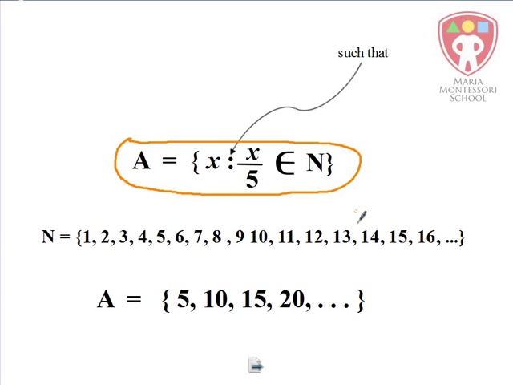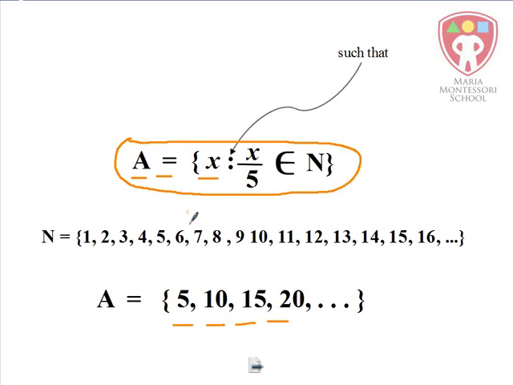Let's work out and see why 5, 10, 15, 20, and it goes on are the legitimate members of set A. Let me explain it. Please pay careful attention so that you understand this explanation. The set builder notation tells us that we have a set A and that it equals x.